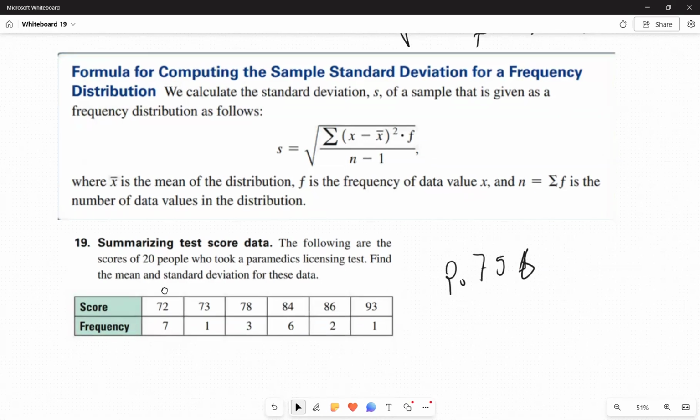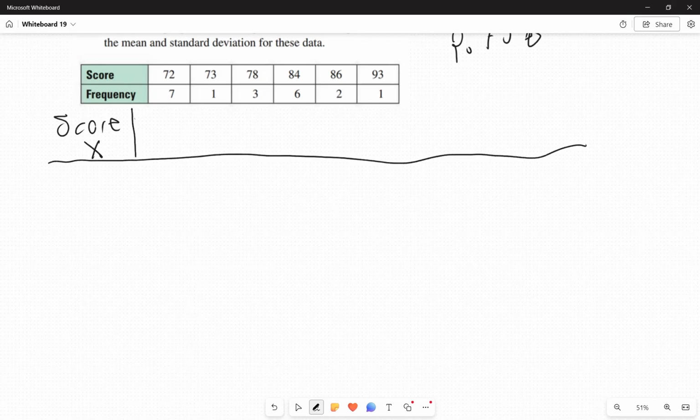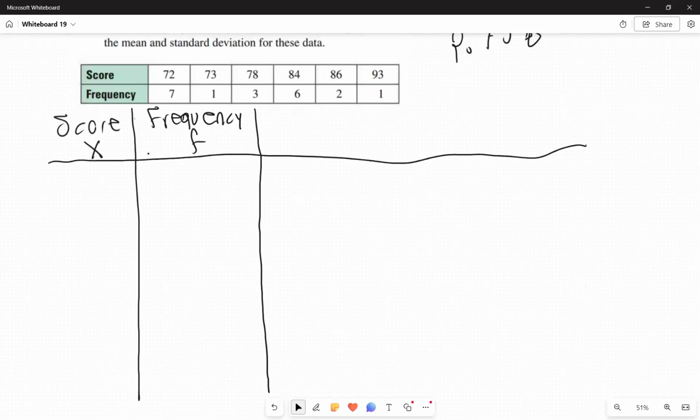Now we're going to make a table, but we need 6 columns because we're considering the frequencies. We have the score, the frequency that we call F, and the product of the score and the frequency, X times F. Remember, you did that to find the mean of a frequency distribution.